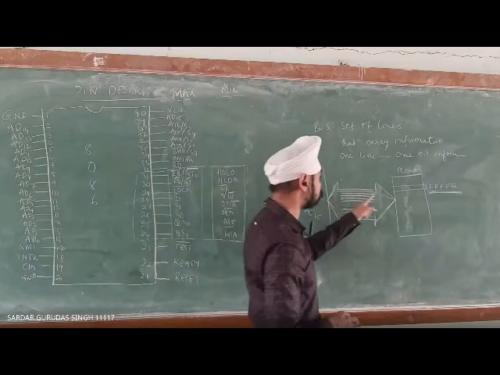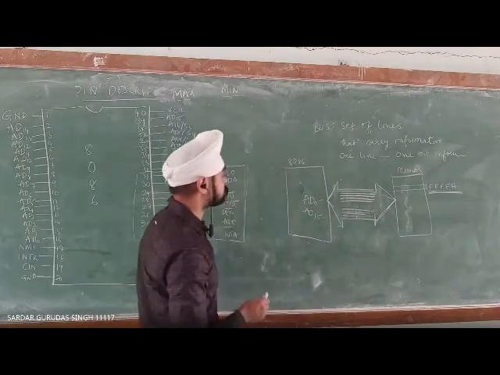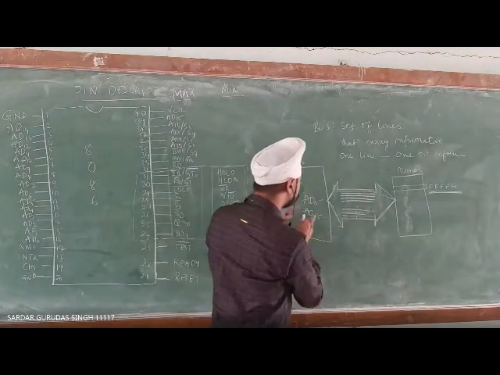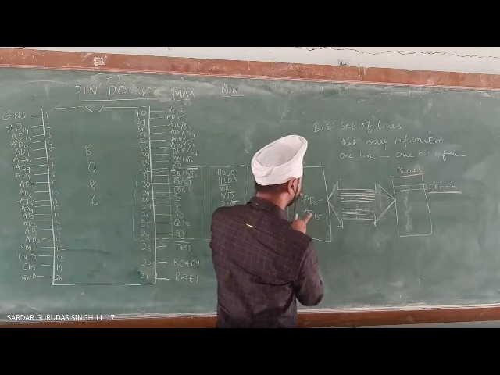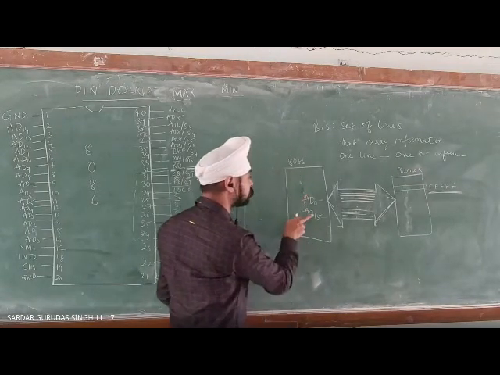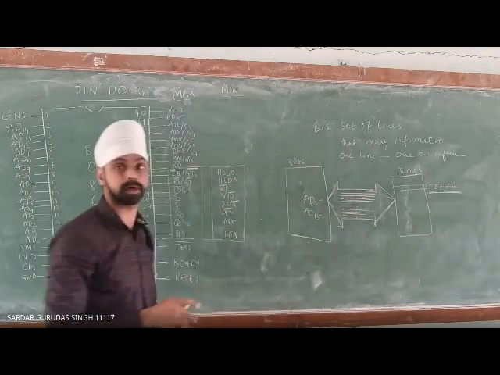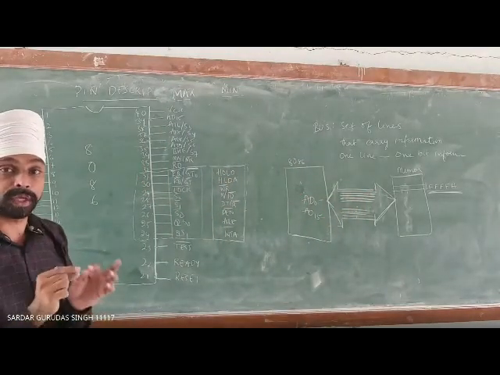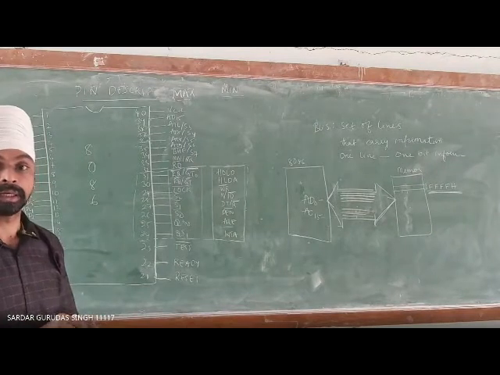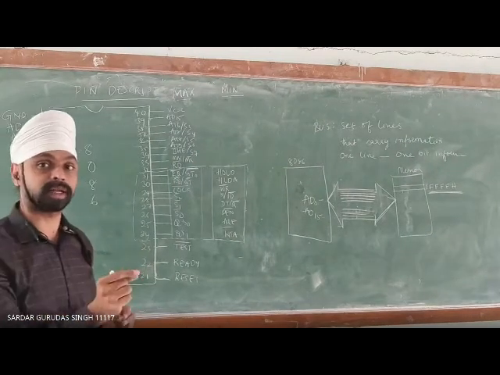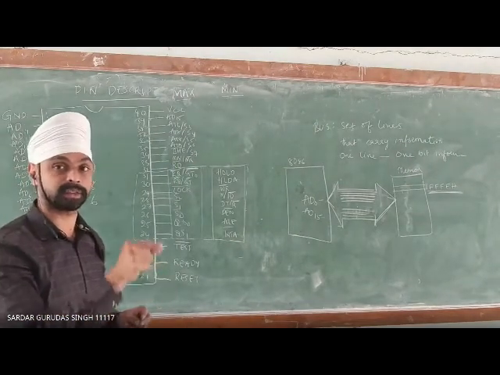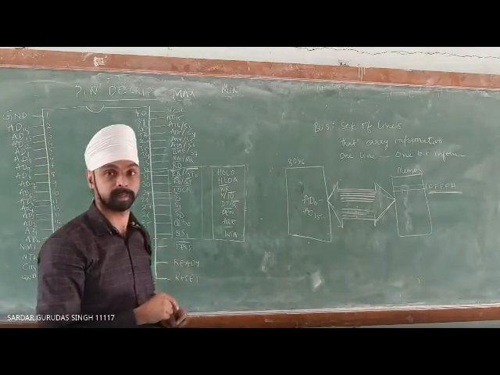The processor needs to send the address on the bus. You cannot send both address and data simultaneously at the same time. We cannot send both address as well as data on the same bus at the same time.